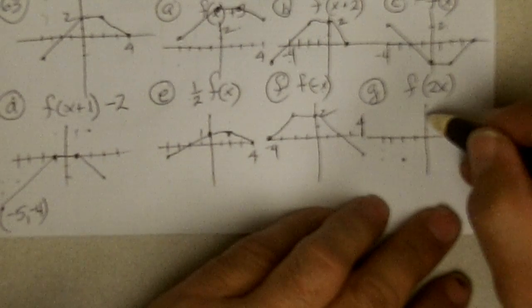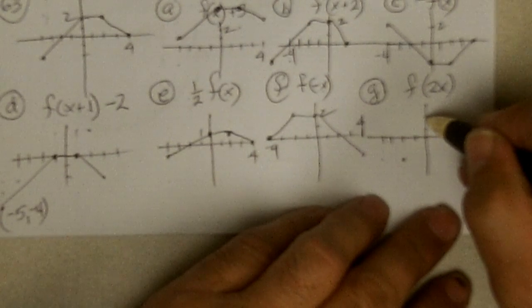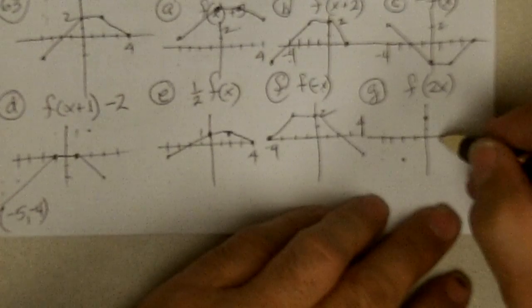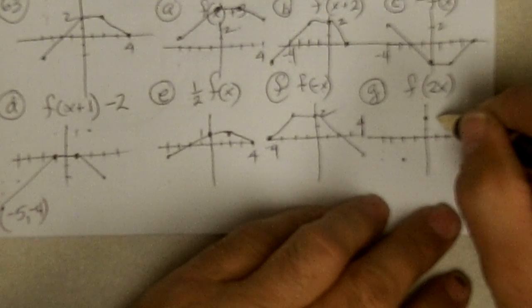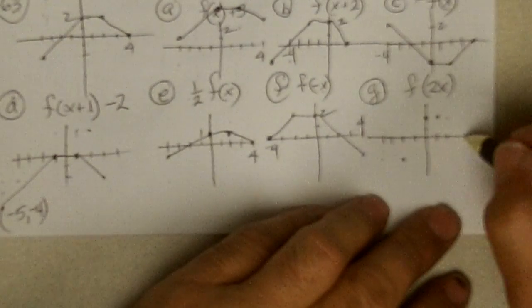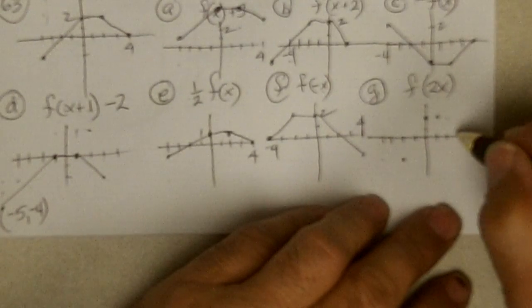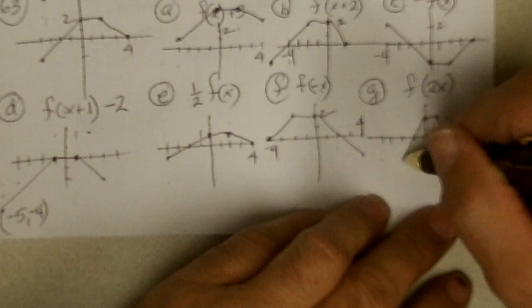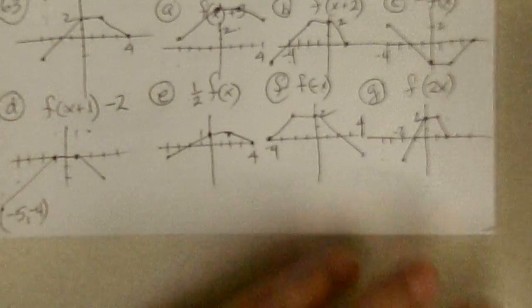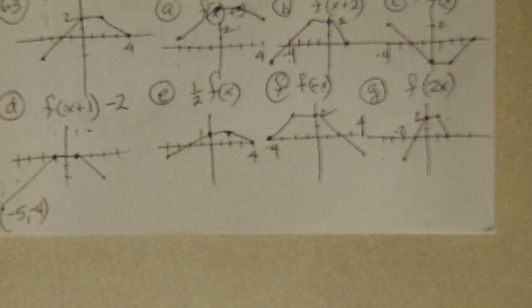If it was 0, 2, half as far from the y-axis, well, it's on the y-axis, so it's not going to move. 2, 2, half as far from the y-axis, it'd be at 1, 2. And 4, 0, half as far away, would be at 2, 0. And that's 63.